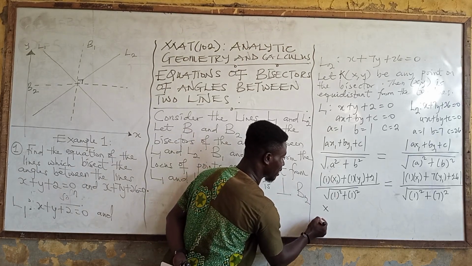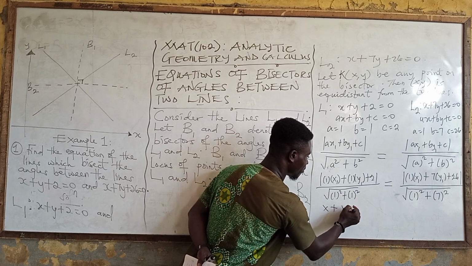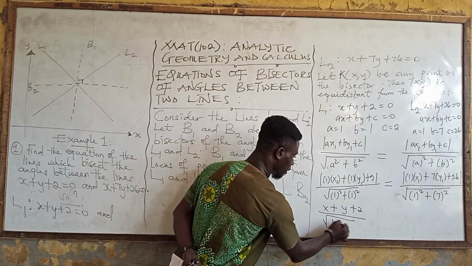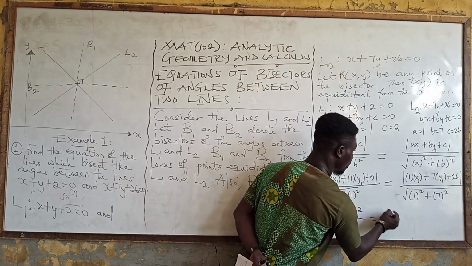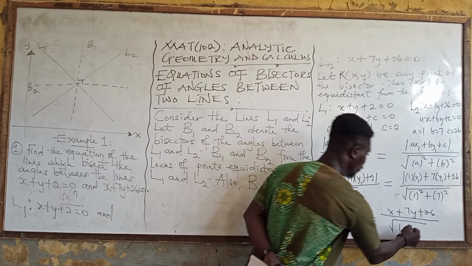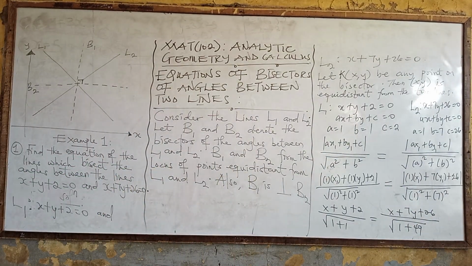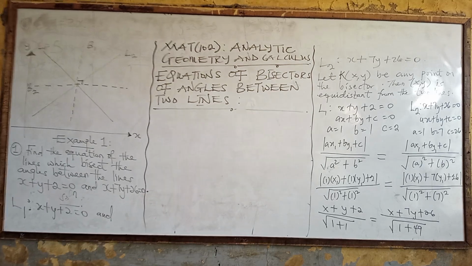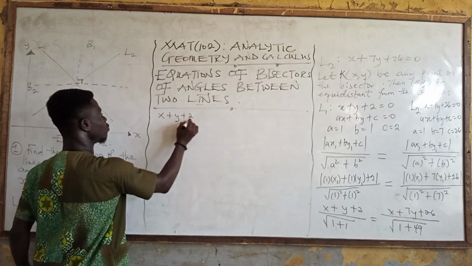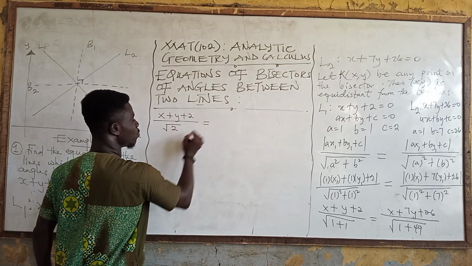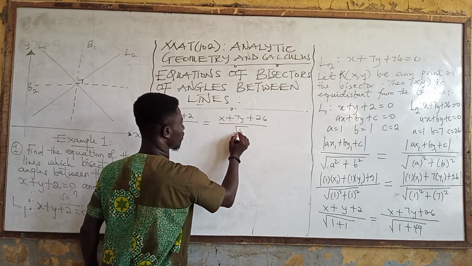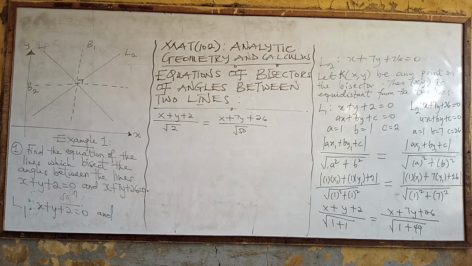So 1 times x, we have x, then plus 1 times y, we have y, then plus 2, divided by, let's take off the absolute, the square root of 1 squared plus 1, which is the square root of 2. This must be equal to x plus 7y plus 26 divided by the square root of 1 plus 7 squared, which is 49, so the square root of 50. Right. So we have this.